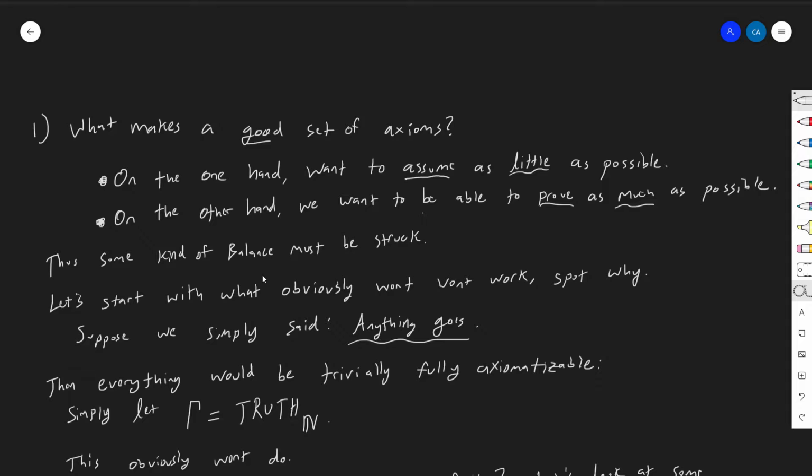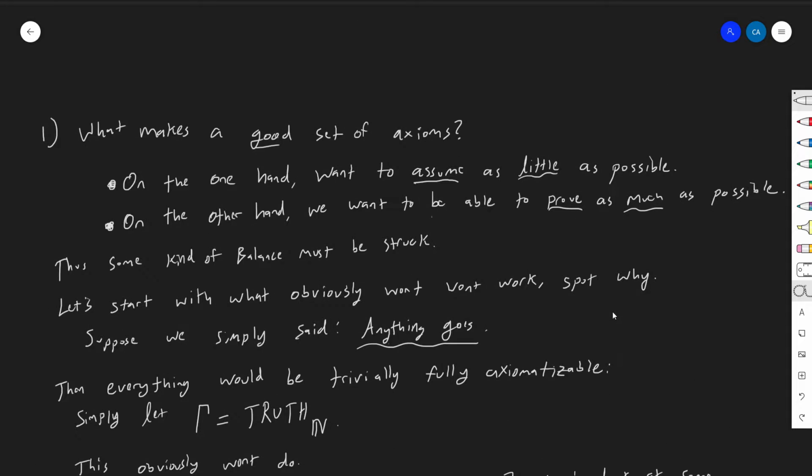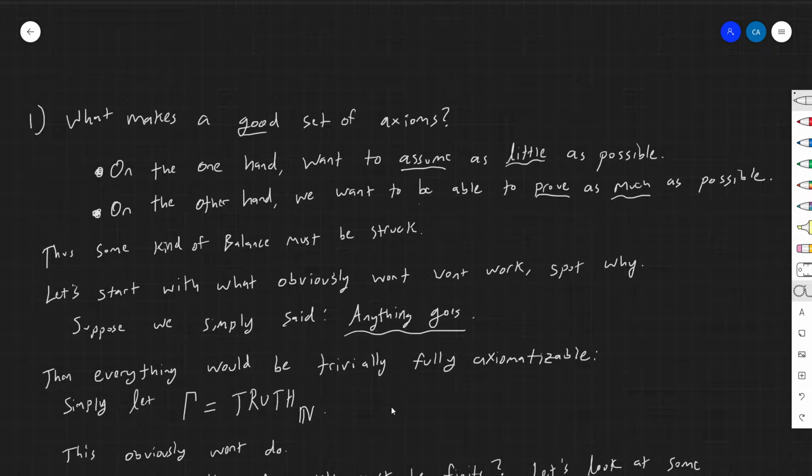So let's start with the most obvious thing that won't work, and look at it and figure out why. Suppose we simply said anything goes. Suppose any set of sentences could be taken as a set of axioms, as an axiom system. Then everything would be trivially fully axiomatizable, because you could simply take my axiom system to be every true thing in the natural numbers, and that would be stupid.